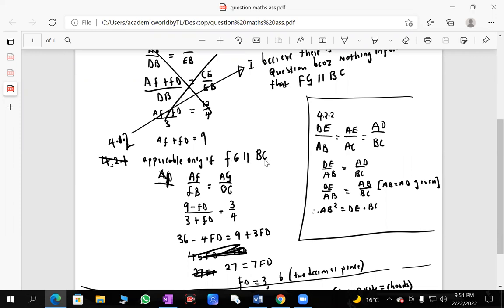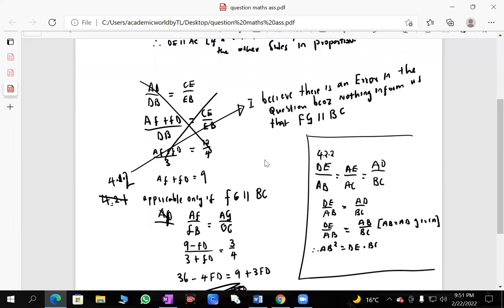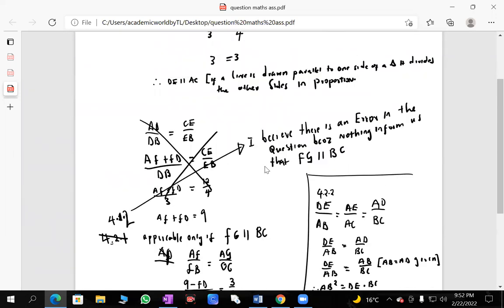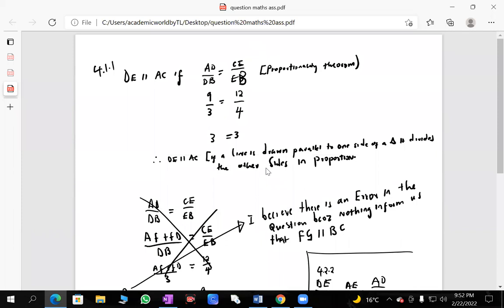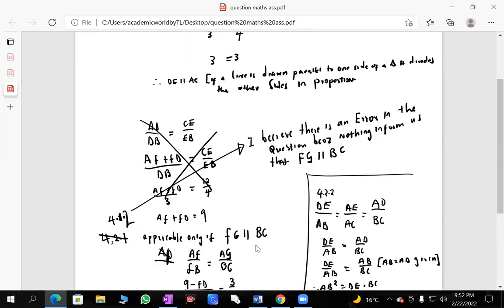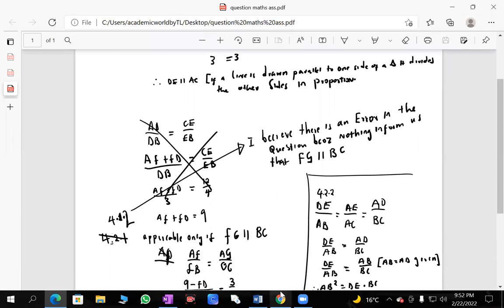In the exam room, there is no information, nothing here that guides us that FG is parallel to BC. That is why many are confused.